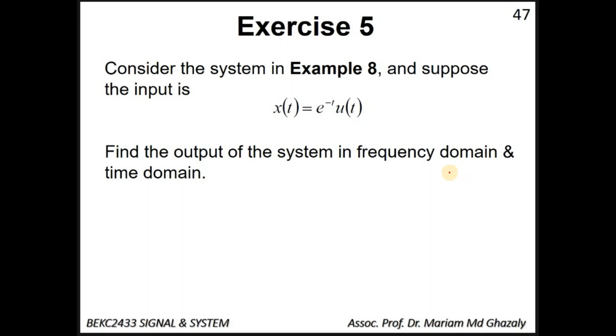You also have exercise 5: consider the system in example 8. Example 8 is where you find h(t). Suppose the input is given by x(t) equal to e^(-t) u(t). The question asks you to find the output of the system in the frequency domain and time domain.